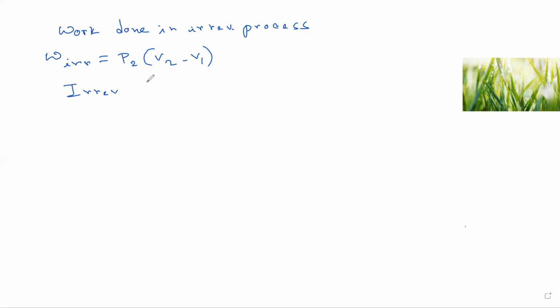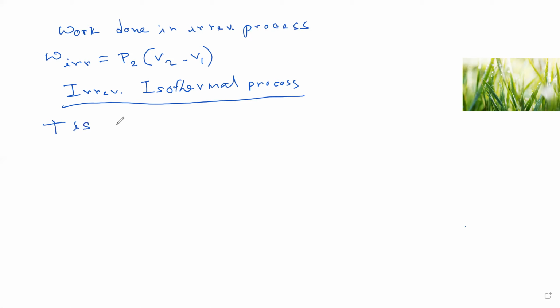So for an irreversible isothermal process, T is constant.